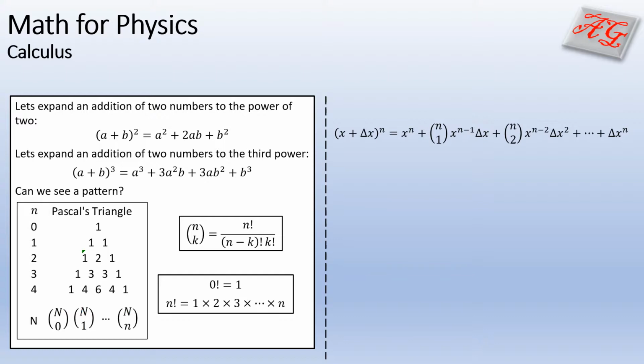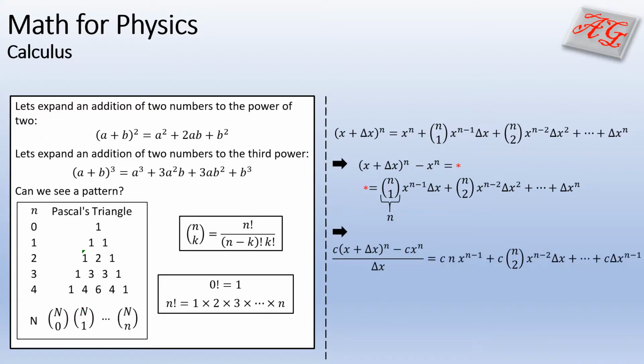But the important thing to notice is that after the second term, delta x is raised to a power greater than or equal to 2. So when subtracting x to the n from this expansion, the only terms that are left are the ones that involve delta x. So when dividing the remaining terms by delta x, the only term that will not have delta x is the first term that has binomial coefficient n.